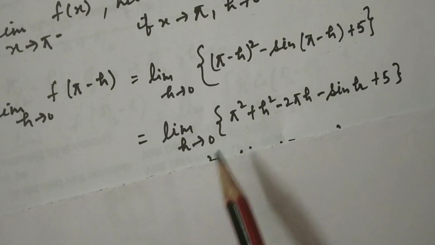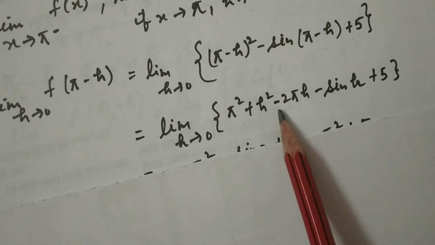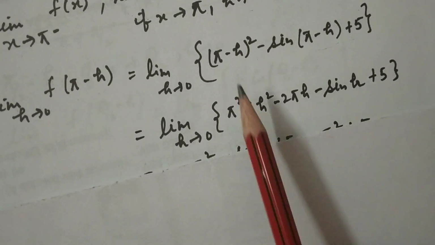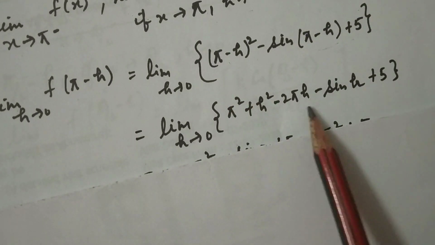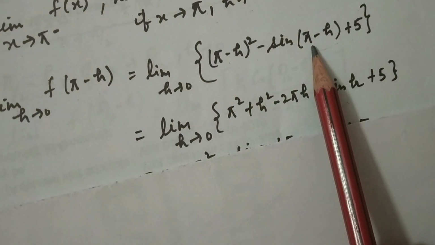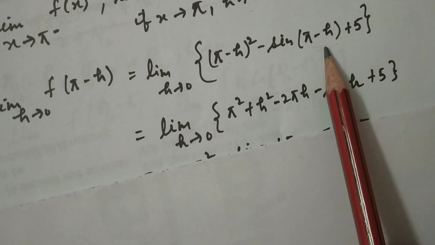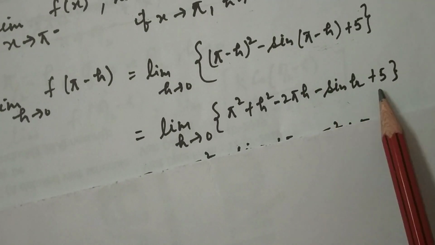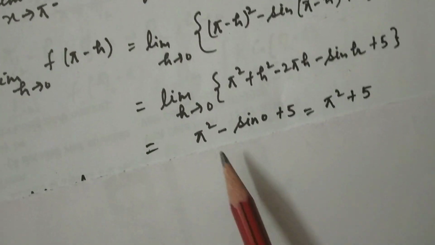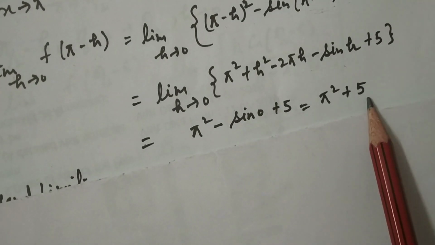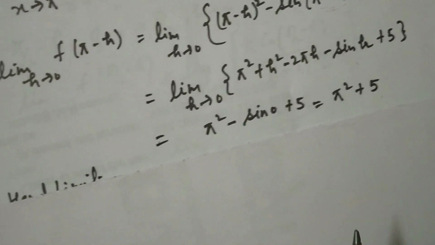After opening, limit h tends to 0, pi square plus h square, and this way I opened it with the identity, minus 2 pi h minus, I use the formula here, sin(pi minus theta) is sin theta, so minus sin h plus 5, and after keeping the limit here I get the value pi square plus 5.